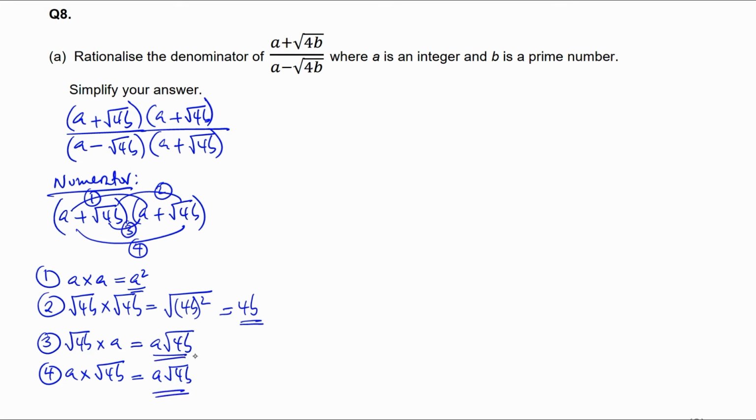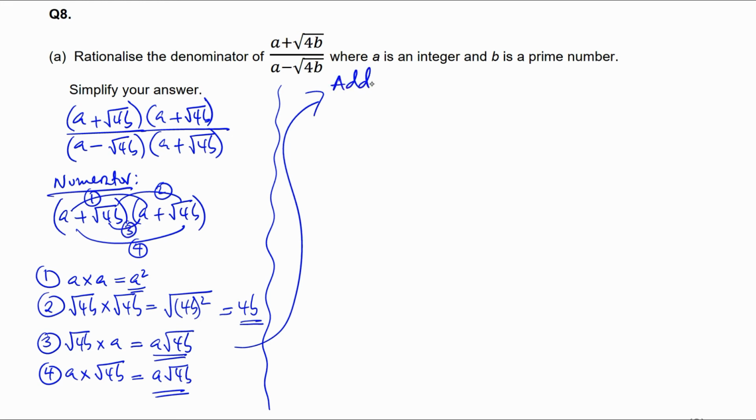So what I'm going to do next is add this. If we add this, we shall end up with A squared plus 4B plus A square root of 4B plus A square root of 4B.